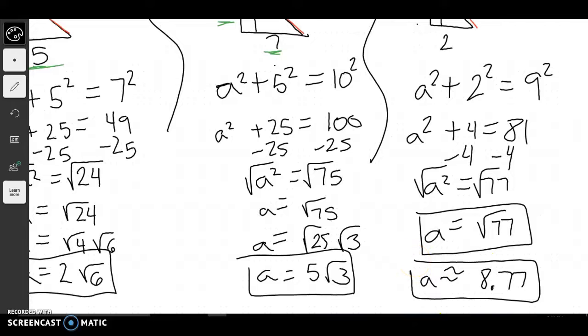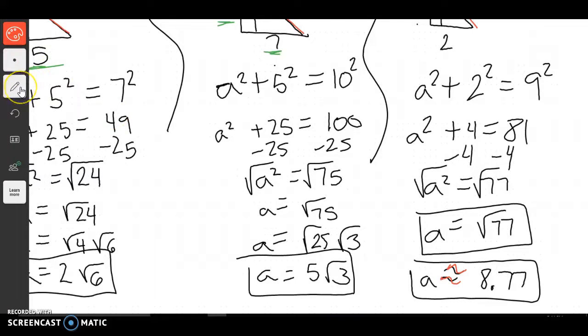If you wonder why I have squigglies for these symbols, it's not because I messed up writing. It's because this is how you show an approximation. They're kind of squiggly equal signs to say, hey, this is approximately what my answer is. We know our answer isn't exactly 8.77 because square roots go on and on forever.